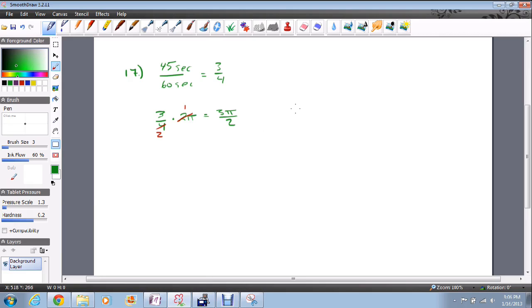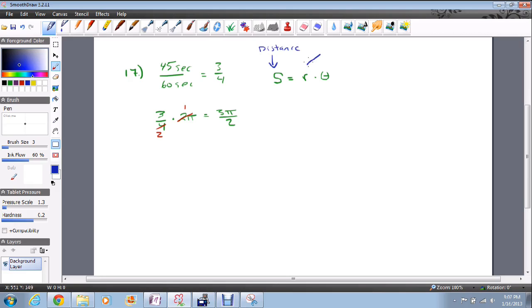The next thing I'm going to do, since it said how far did the second hand travel, I'm going to use the arc length formula. Just a reminder, something that is going to be important in our exam is knowing this formula. Really simple. It's s equals r times theta. S represents the distance traveled around the circle.